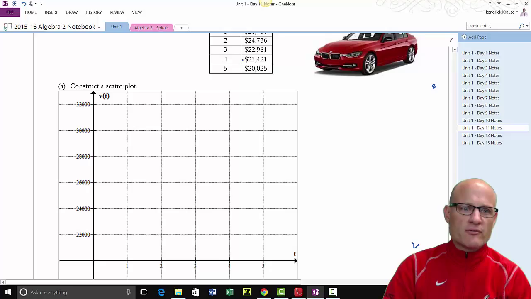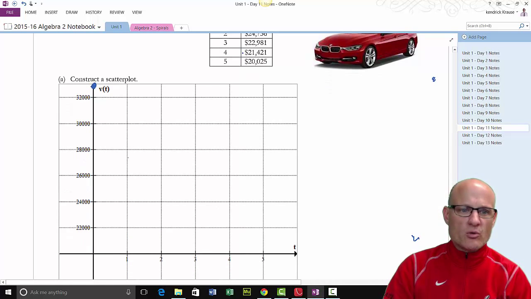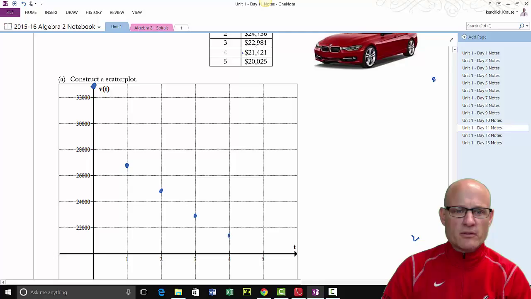So there's 0, 32,750, somewhere around there. 1, 26,730 is right about there. 2, 24,700, so that's close to 25. 3, 22,981.